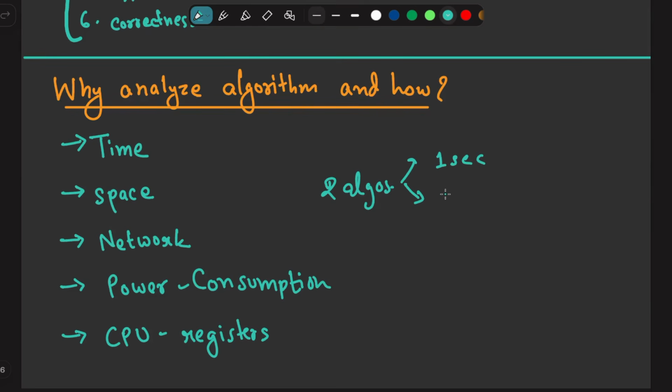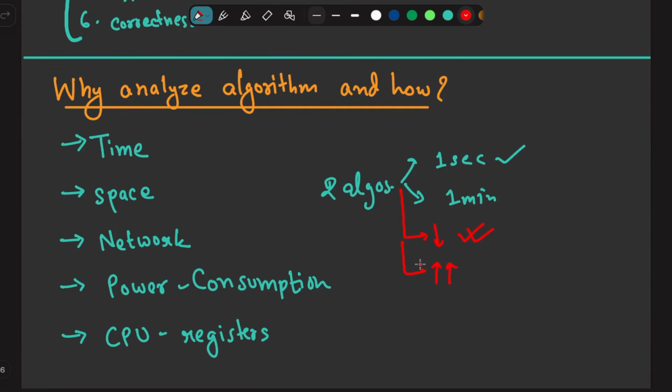Imagine one algorithm solves the problem in 1 second and the other one takes 1 minute. Both are correct, but obviously we'll prefer the faster one. Similarly, one algorithm uses little memory and the other one uses very high memory. We'll prefer the one using little memory.